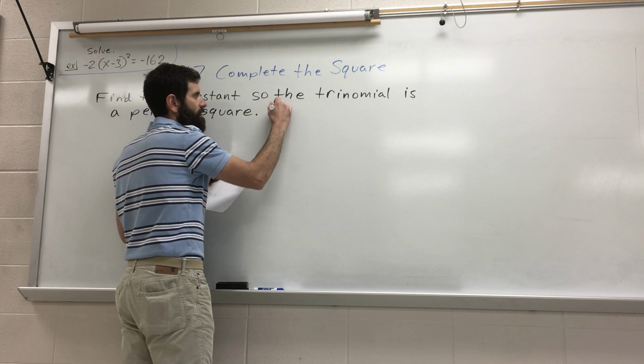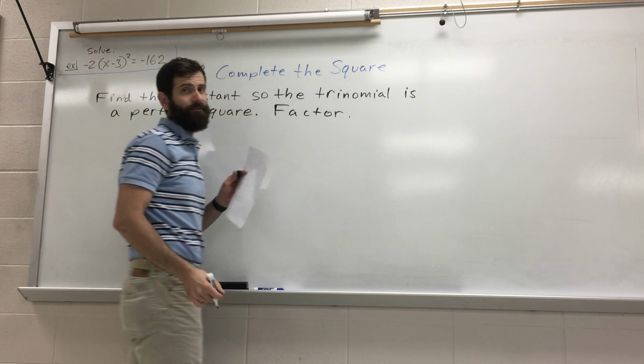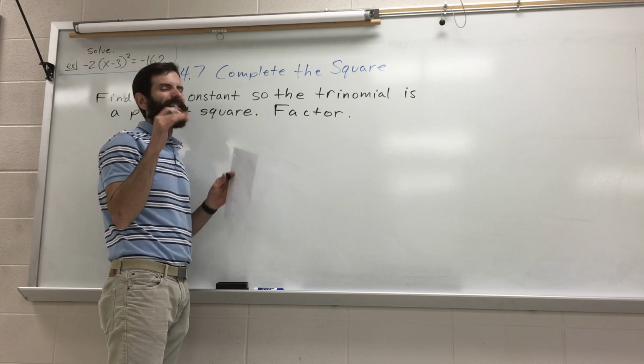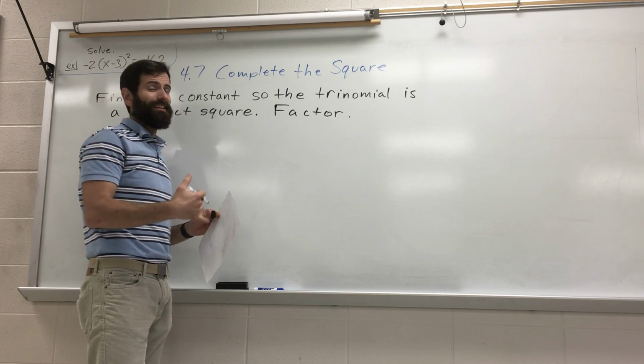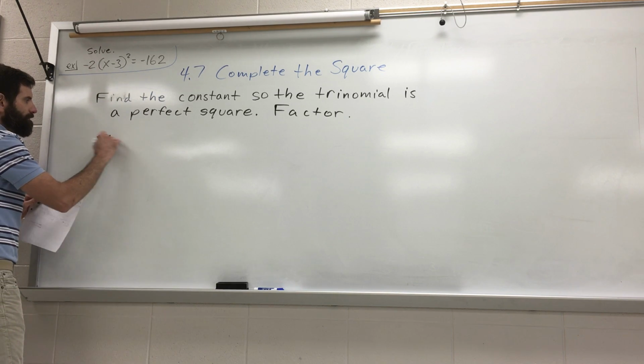And then the next set of instructions is to go ahead and factor it, which, because you've made it a perfect square, is going to be really slick and easy to do. So let me show you what we're talking about.